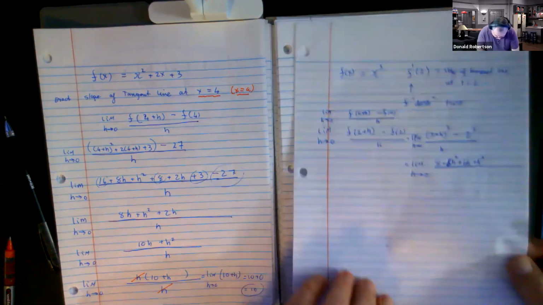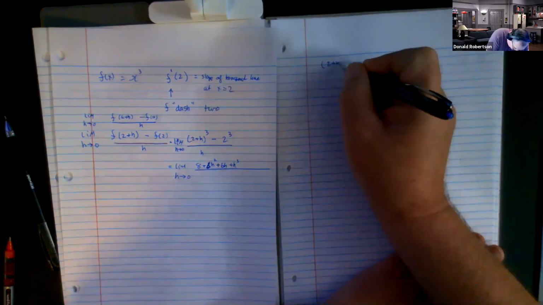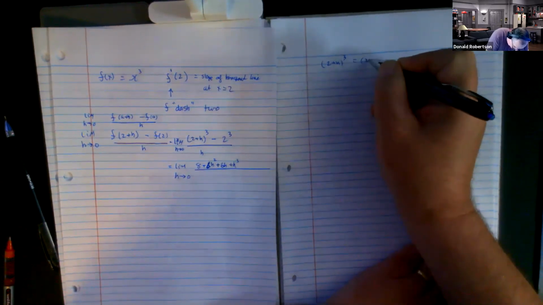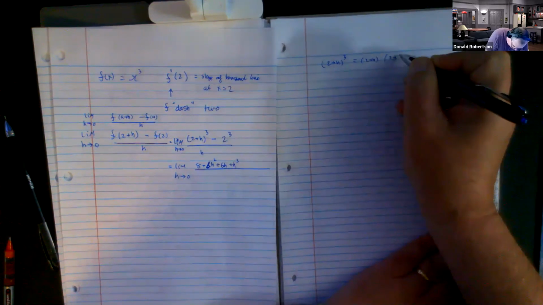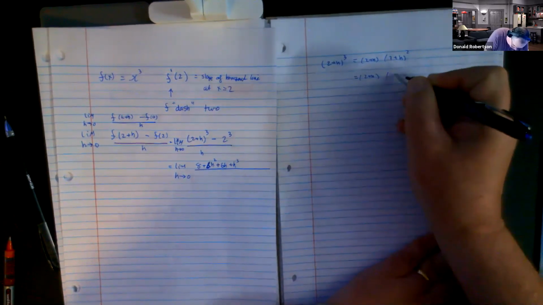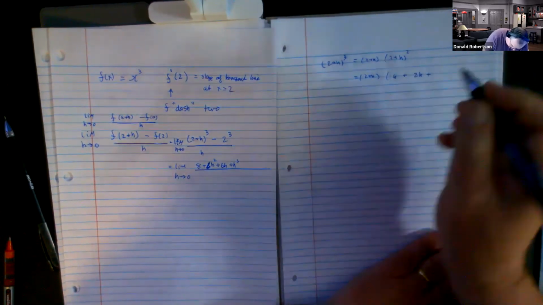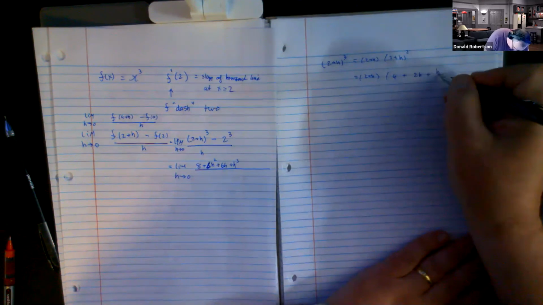Let me be 100% sure. 2 plus h cubed is 2 plus h times 2 plus h squared. 2 plus h squared is 4 plus 4h plus h squared.